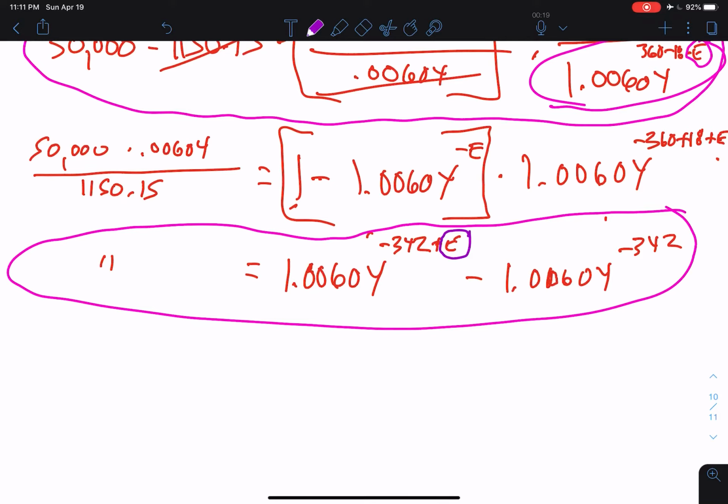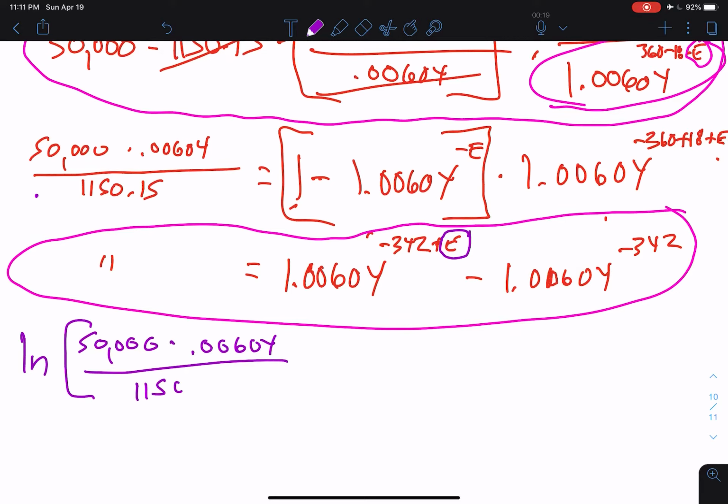So I'm going to take the natural log now of both sides of this equation, and we'll be left with the following. The natural log of this term here, 50,000 times 0.00604 divided by 1150, 15.